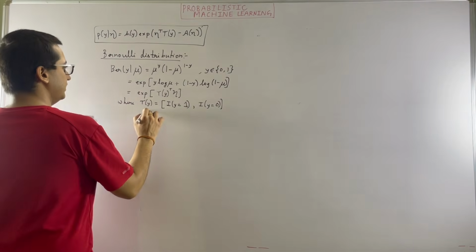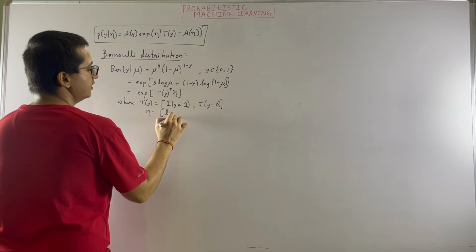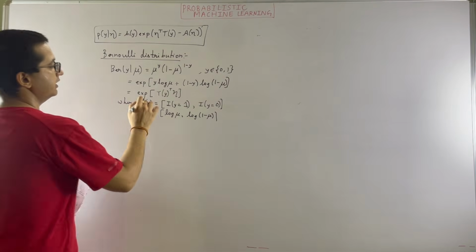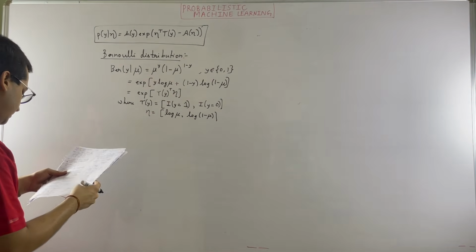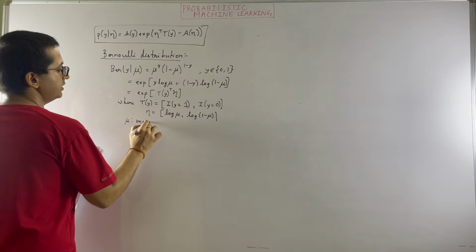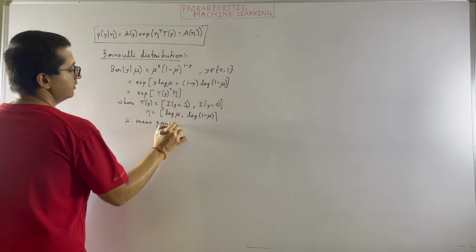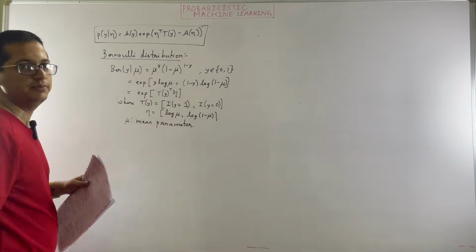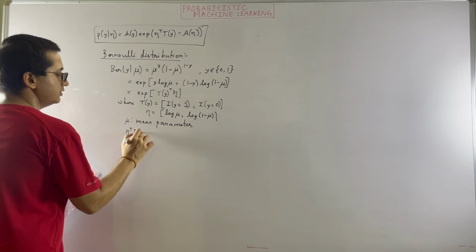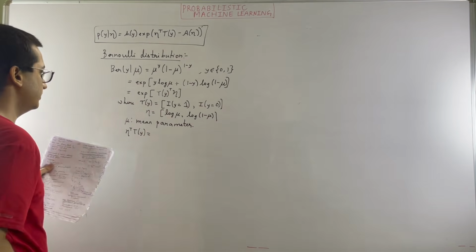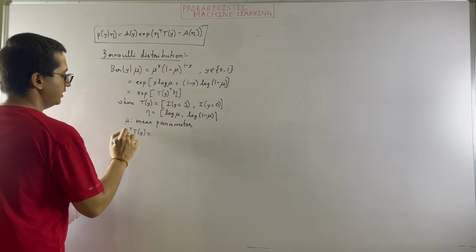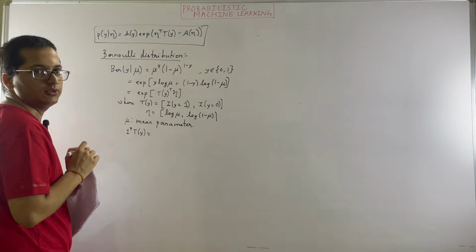And eta can be log mu and log 1 minus mu. If I take this, I get this equation. But here the problem is that, first of all, mu is the mean parameter. And if I take eta transpose t of y, what will I get? Let us say I take eta as 1, so what is 1 transpose t of y?